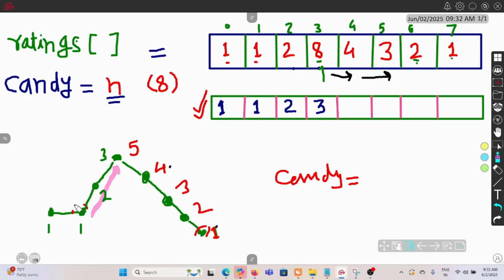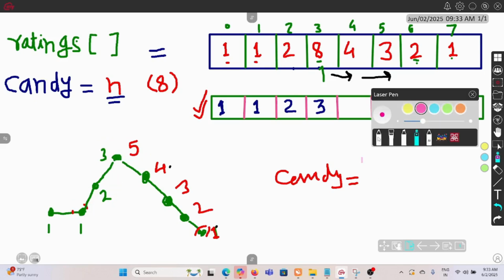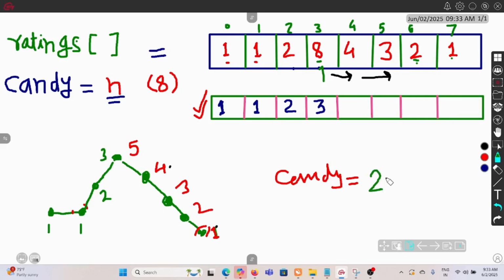So for the upward we got 3 length, right? And for the downward we got 5 length. And as we know that we have to decrease it, because we are choosing 5, we have to remove this depth from it. So 22 was the sum of all, minus whichever is the minimum of peak and down.